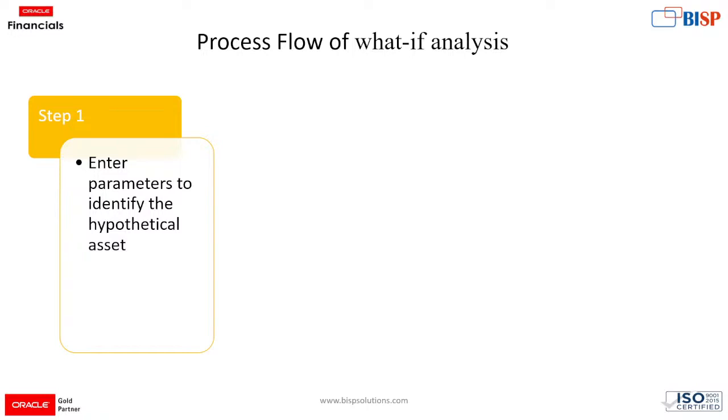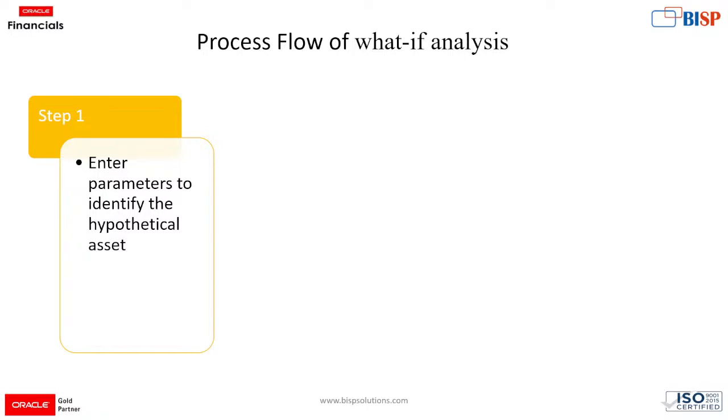The first step for running a what if analysis: enter the parameters to identify the hypothetical assets. You can specify the asset category, cost, date placed in service, salvage value, and other attributes of the asset.